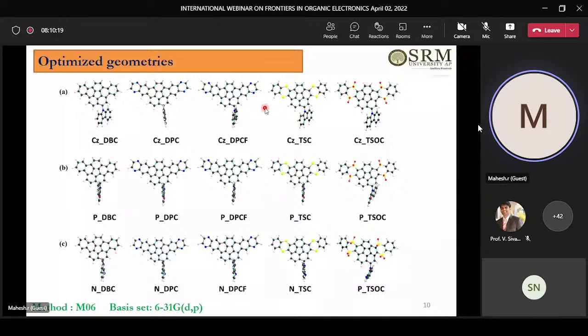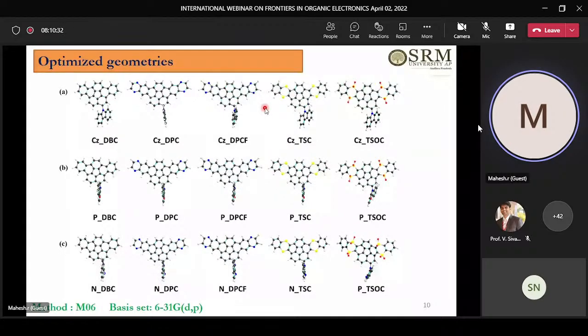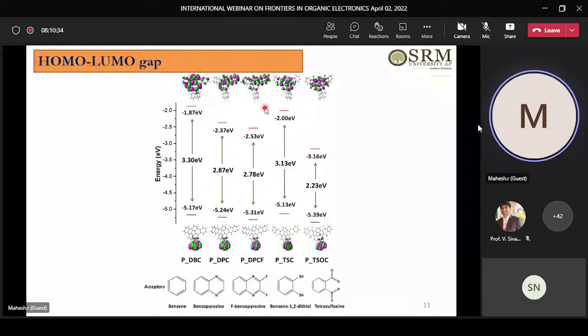So we can expect a clear separation between the HOMO-LUMO wave functions as well as a smaller energy gap between singlet and triplet states. You can see here I have shown only one case. These are the phenoxazine-based donor molecules with different types of acceptors, from benzene to sulfoxyline-based acceptors, depending upon the strength of the acceptors.